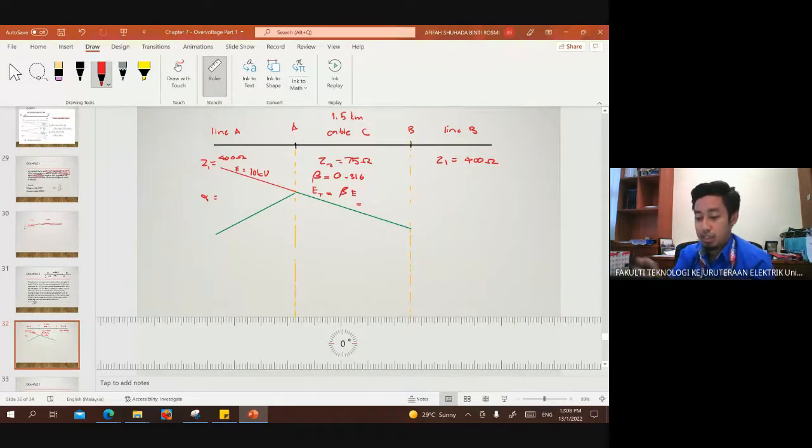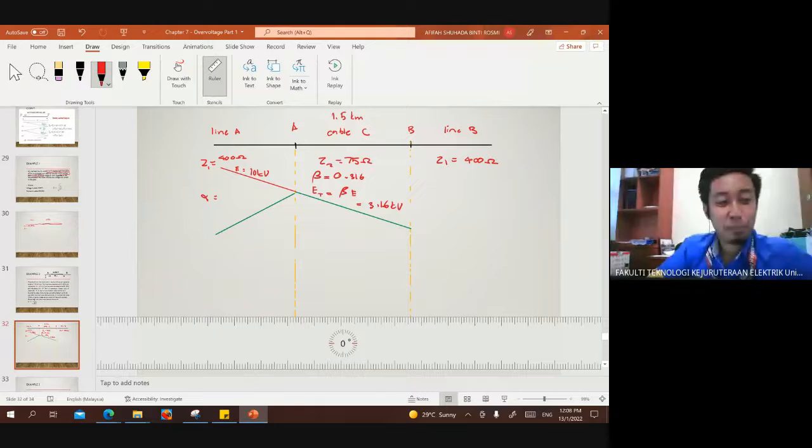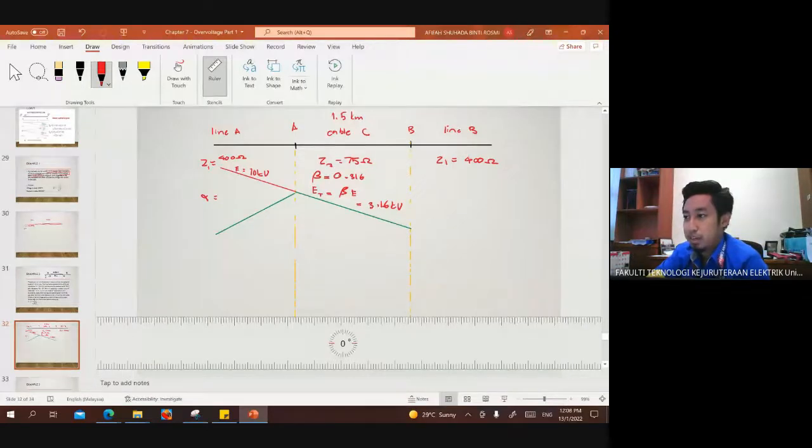Okay, so kita akan dapat nilai ET 3.16 kV. Okay, dapat. So, berapa nilai alpha? Berapa nilai alpha? Ada siapa yang boleh kira?